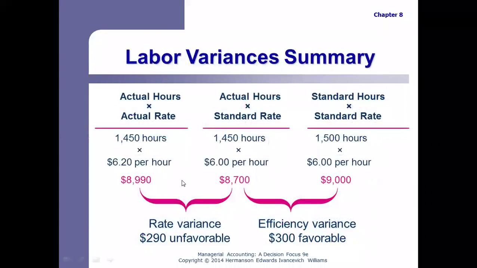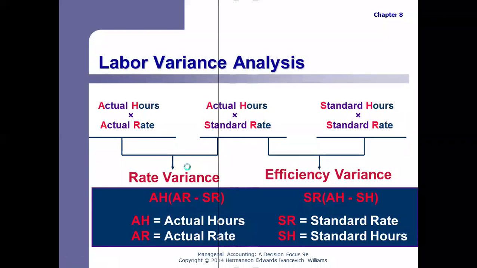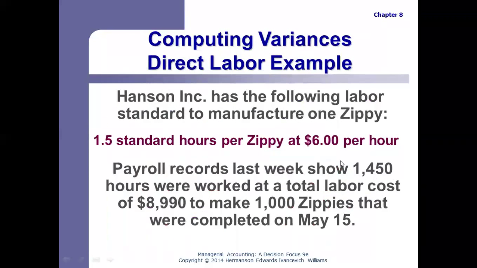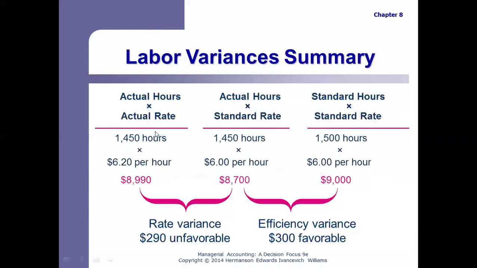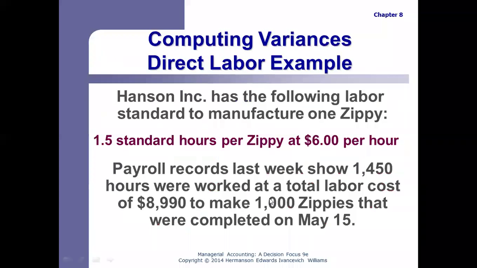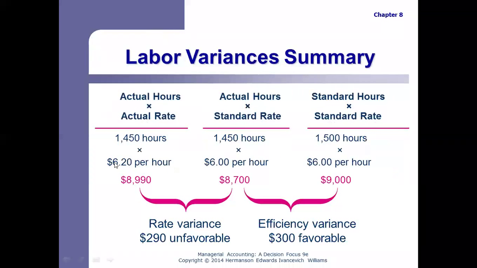So looking at the actual numbers, the actual hours, 1,450. That's indicated in the problem here. 1,450 hours were actually worked by our employees. The actual rate was $6.20, and that's the total labor cost divided by the total hours, and that'll give us the $6.20 an hour.